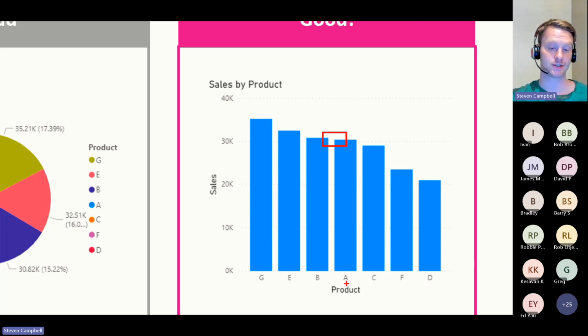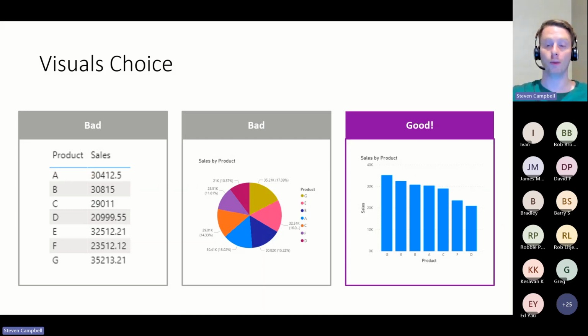So again, being consistent across everything. I would always sort by the KPI because you have that consistency and it very quickly gives you that inherent order, and it really lets you know which one's higher, and you can compare it, and I can easily see, oh, E is beating out B, right? And that's normally 90% plus of times how we're going to be using a visual like this.